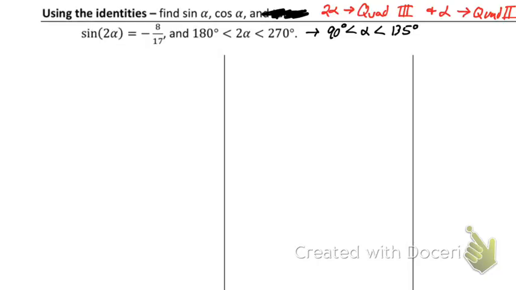All right, now we're going to go to this first column, right at the top of our far left column. We're going to write cosine of 2 alpha. This is going to be our cosine of 2 alpha column. We are always going to find cosine of 2 alpha first. It's always going to be the first step in this problem.